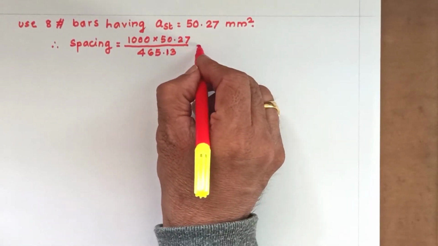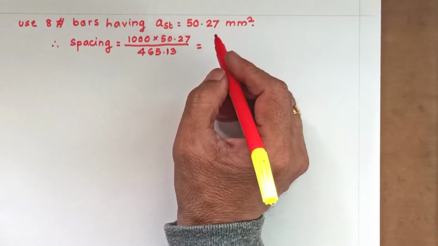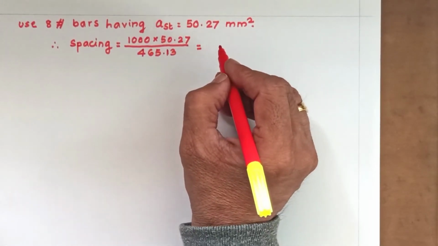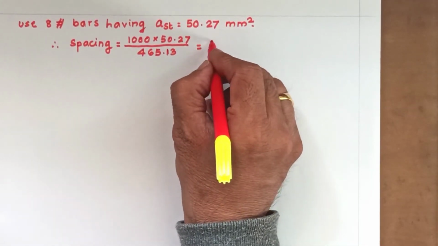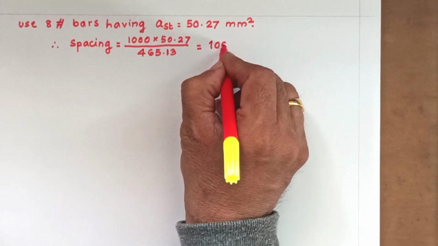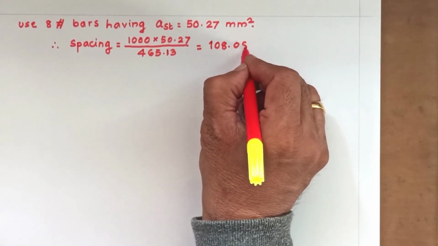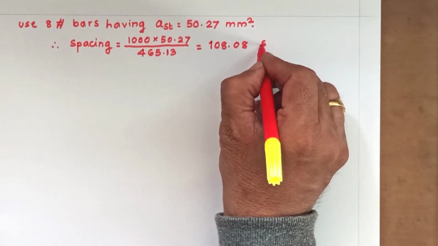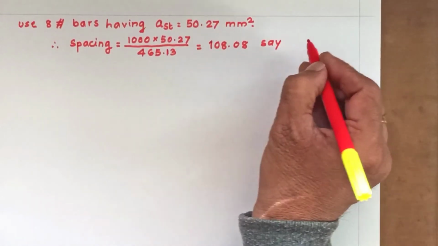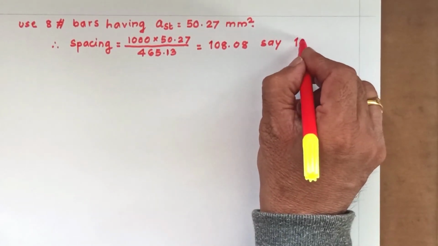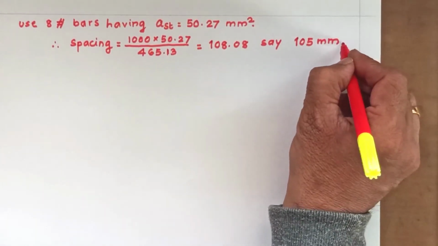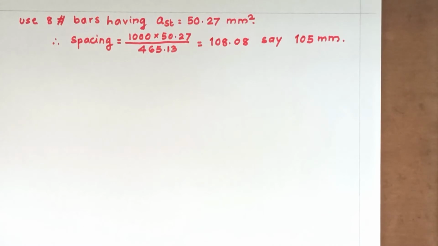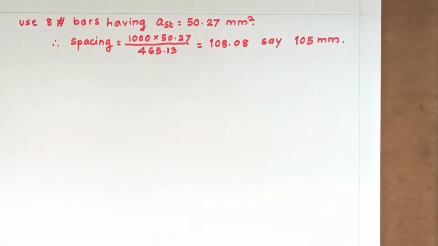If you do it on a scientific calculator, you will get this value as 108.08. So you will have to round it down, 105 mm. So this is the spacing of 8 Tor bars.